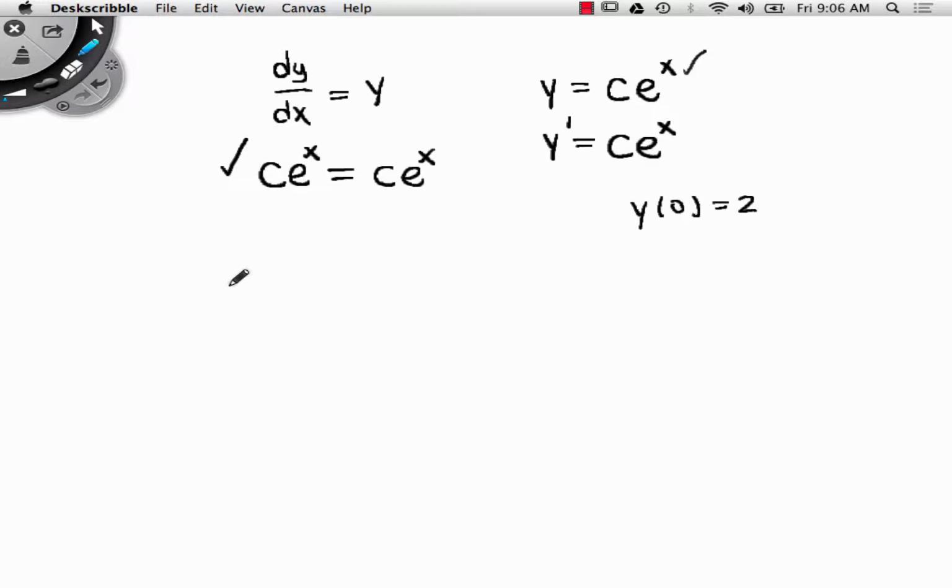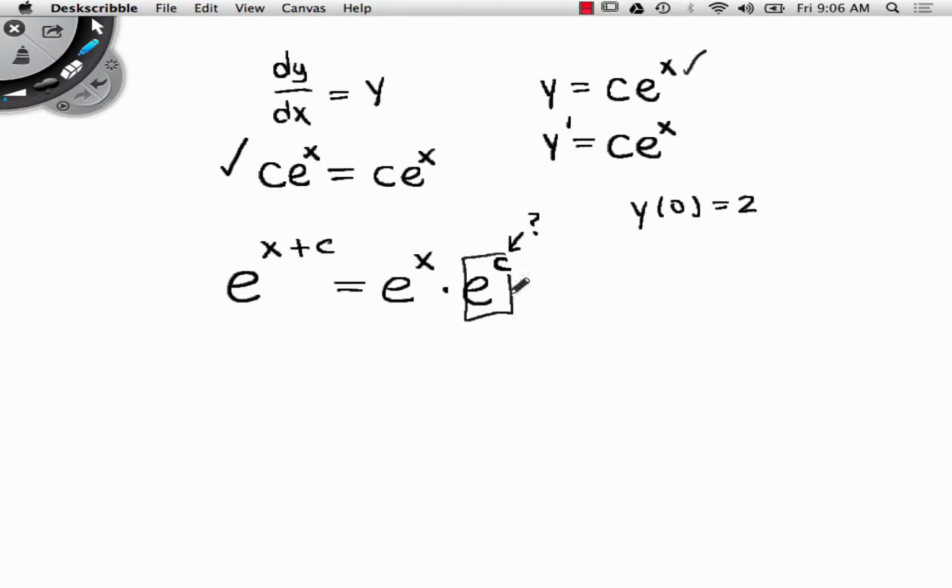Well, again, if you have e to the x plus c, that's e to the x times e to the c. And c is not known. All I know is it's a constant. And since that's true, that means that e to an unknown constant is itself an unknown constant.